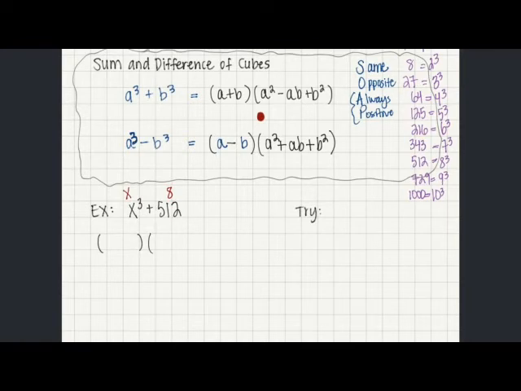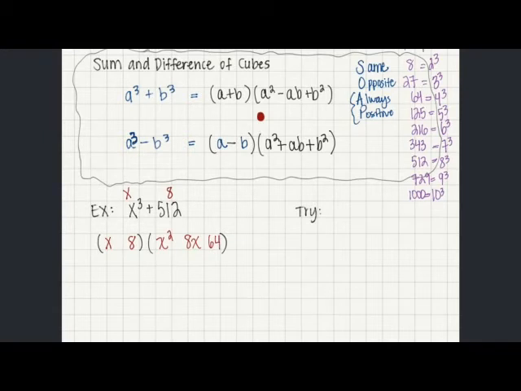So I'm going to create my small parentheses and my large parentheses. The x falls right into the first term of the binomial. The 8 is the second term. Then I'm going to do bouncy bouncy, so that's x times x. Then bouncy over, which is 8x, and then bouncy bouncy is 64.